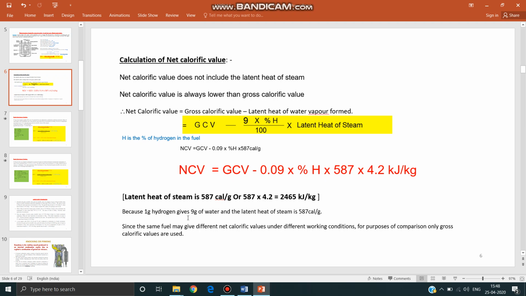So 1 gram of hydrogen gives 9 grams of water. That's why we have taken 9 here, or we can simplify this to 0.09 into percentage of hydrogen into 587. If you multiply it by 4.2, then it is in terms of kilojoule per kg. Otherwise it is in calorie per gram. So please remember this formula to solve some numericals.